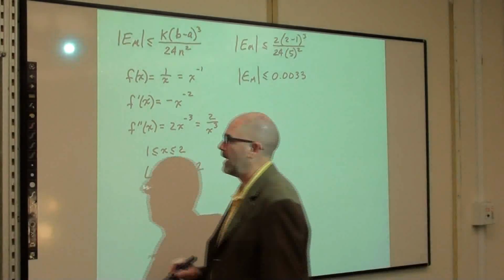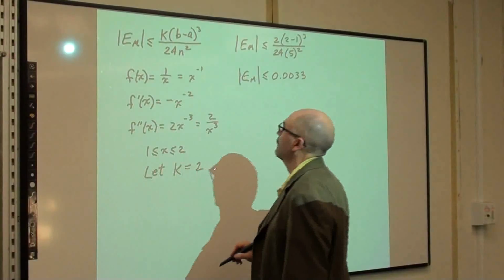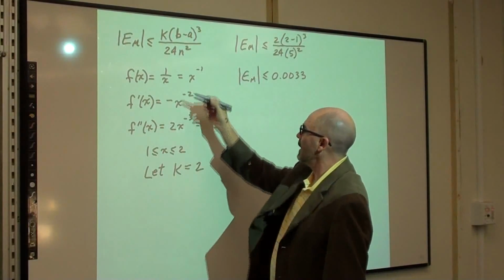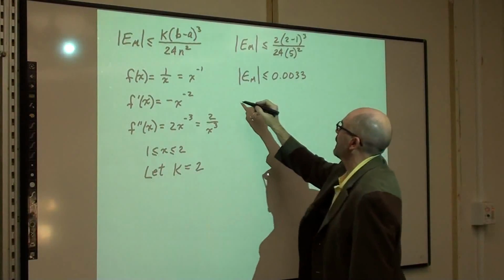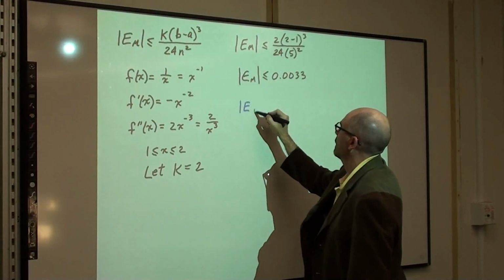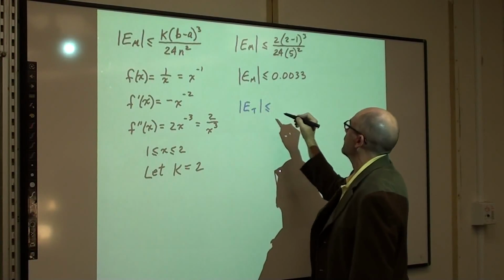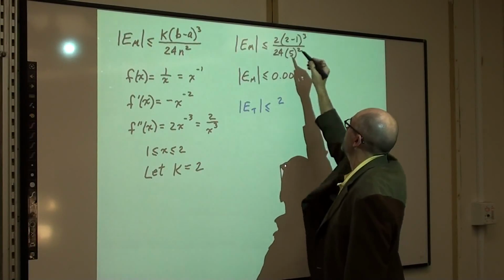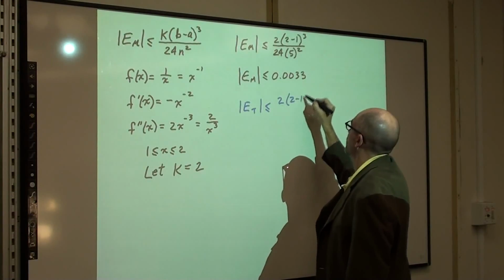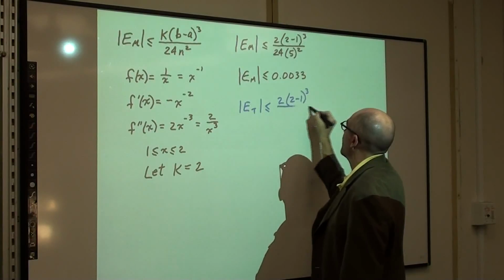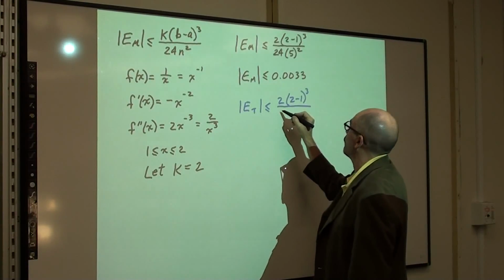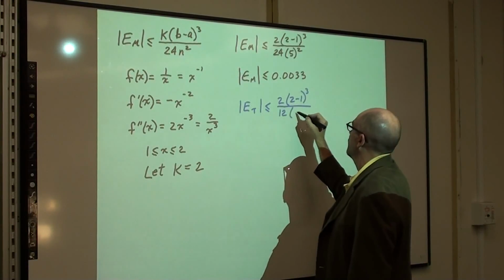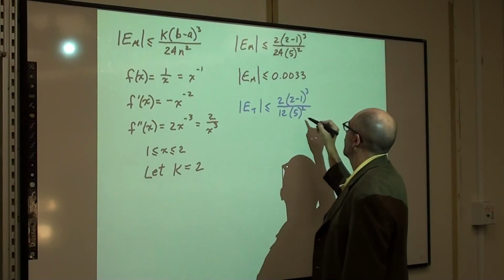Okay, now let's check out the error of the trapezoid. So we still have our same k here. So the error of the trapezoid is going to be within still 2 times (2 minus 1) quantity cubed. But this time it's only divided by 12 times 5 squared.